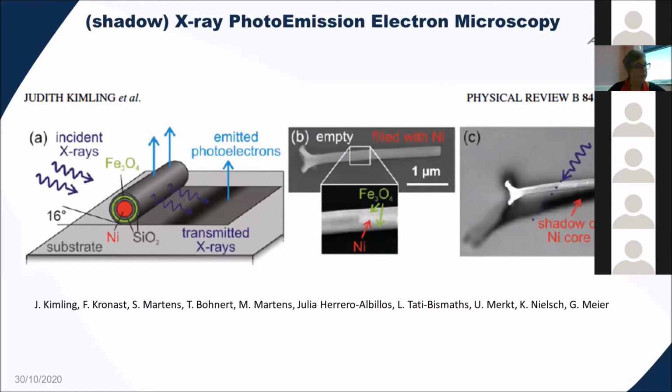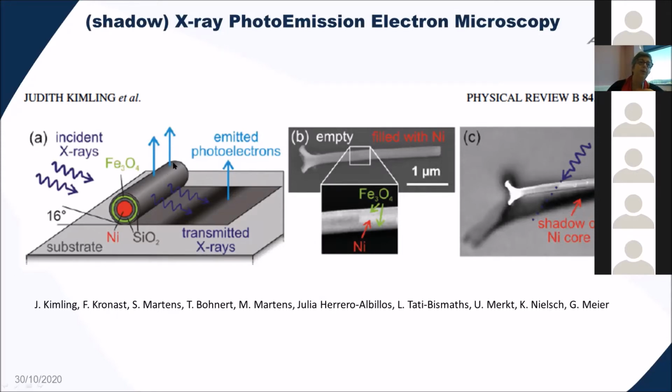How can we look at objects that have a third dimension? We do this with the so-called shadow beam. We look simultaneously at electrons that are photoemitted from the sample surface, in this case a wire. This was pioneering work in 2011 done at BESSY, in the microscope where Florian Kronast leads the group.